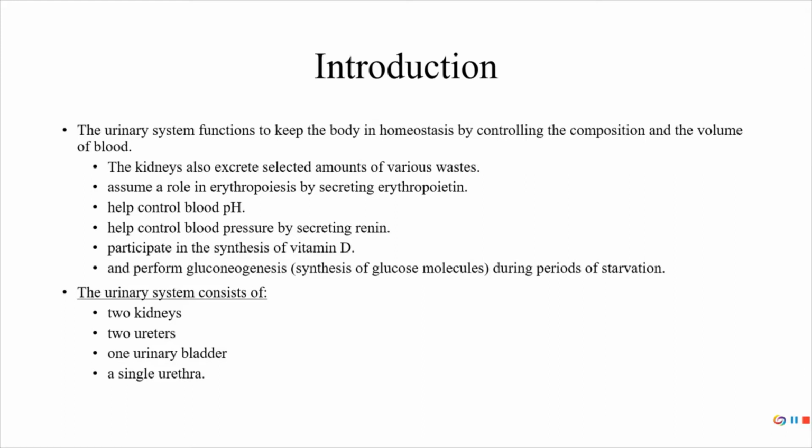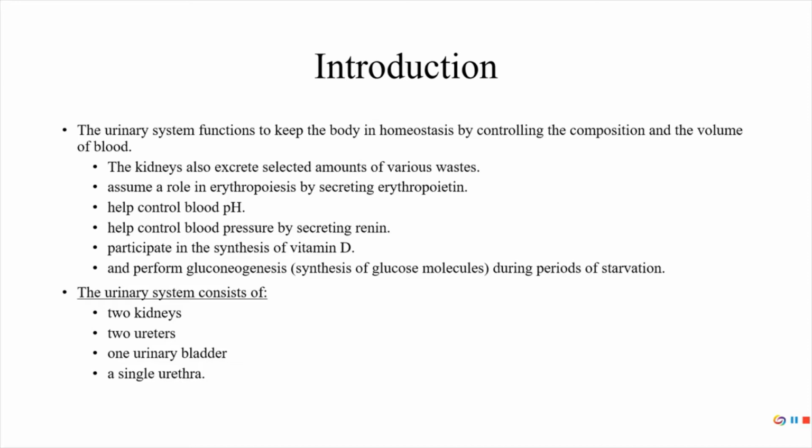The kidney also participates in the synthesis of vitamin D. Remember that you have a molecule that is made in the skin when UV light strikes cholesterol. That goes to the liver into an intermediate that goes to the kidney. The kidney takes that and converts it to vitamin D3, which we know is involved in the uptake of calcium and phosphate ions for phosphorus.